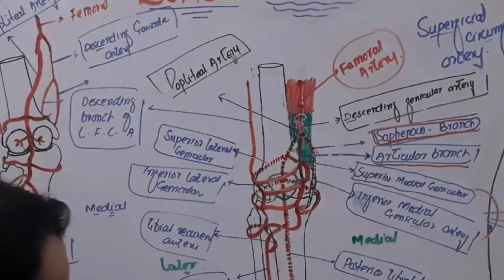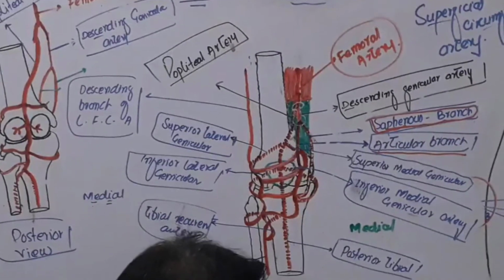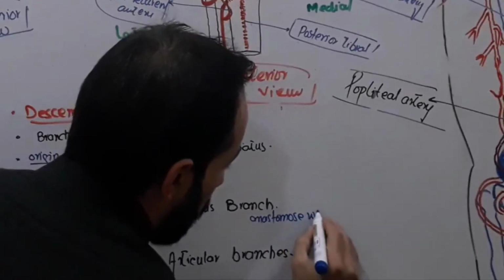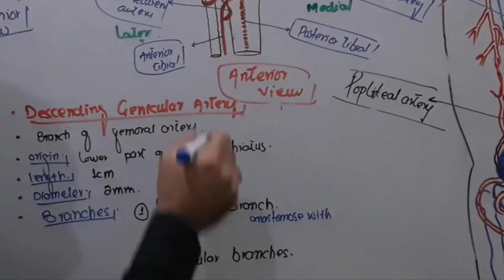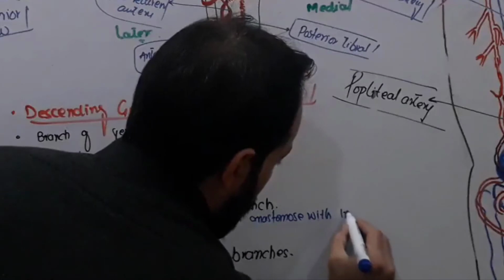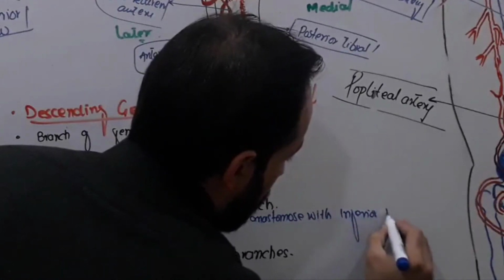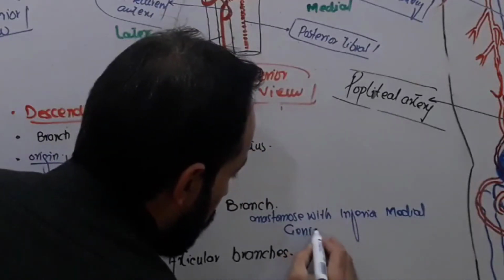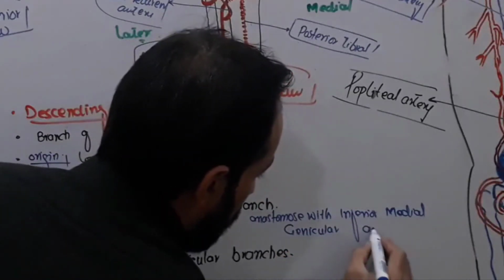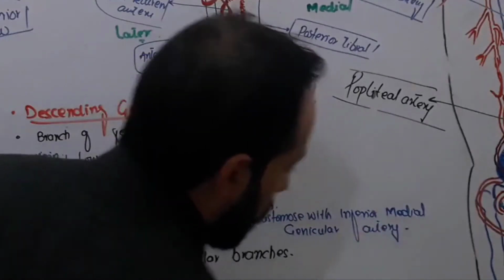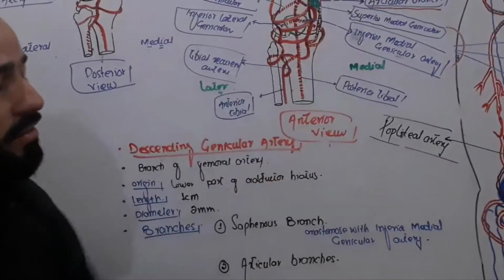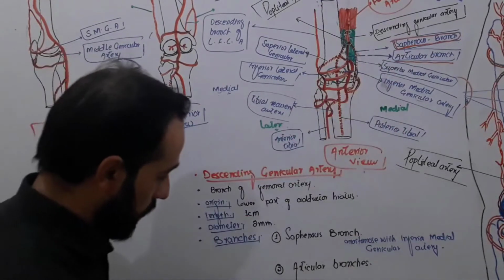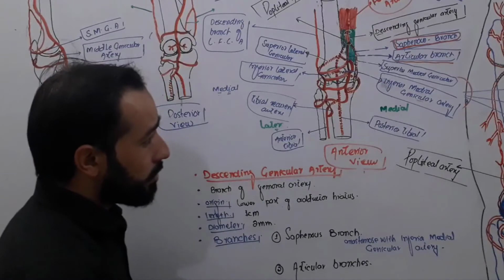So this saphenous branch anastomoses with the inferior medial genicular artery, right friends, and supplies blood to the medial aspects of the knee and to the skin of this region also. And then there is the articular branch, right?